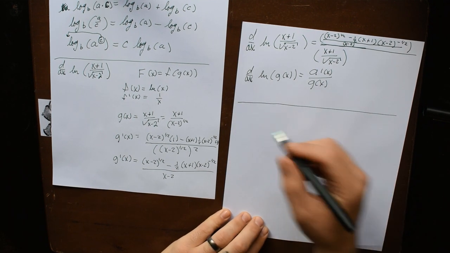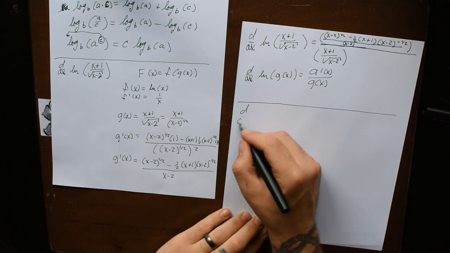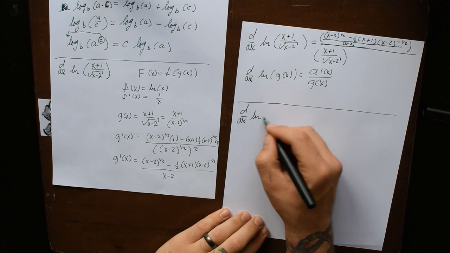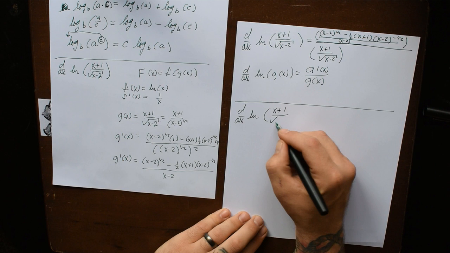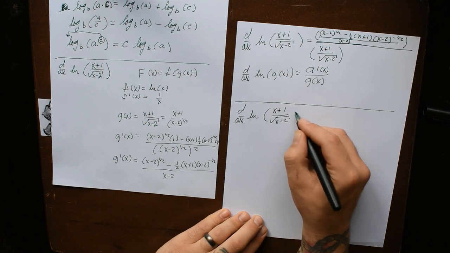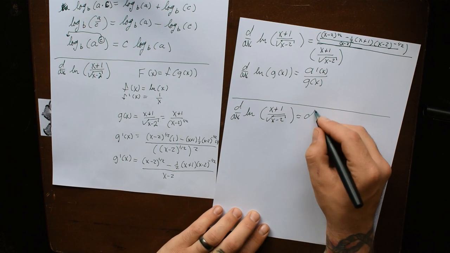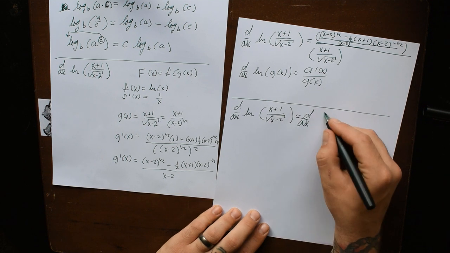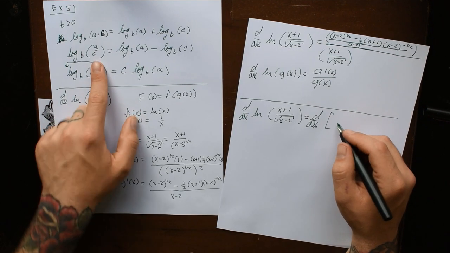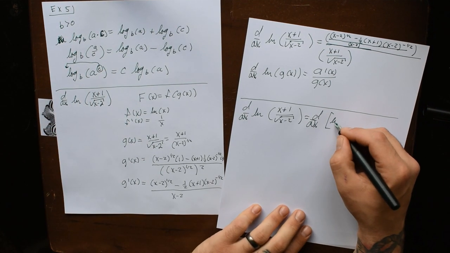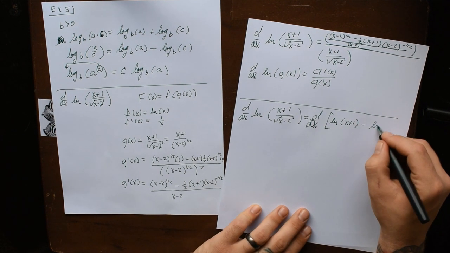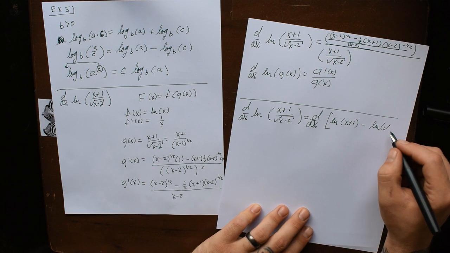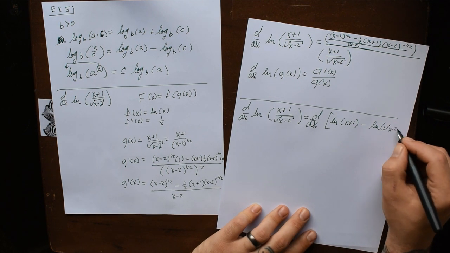We could go through and simplify this, but I want to show you a different way. The derivative with regards to x of the natural log of x plus 1 over the square root of x minus 2 is equal to the derivative of, using our log rules, the natural log of x plus 1 minus the natural log of the square root of x minus 2.